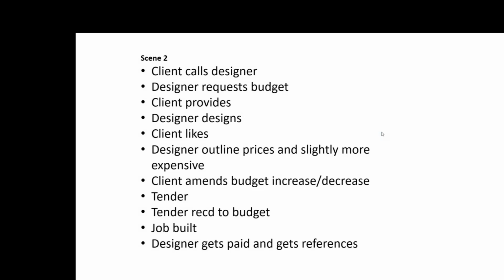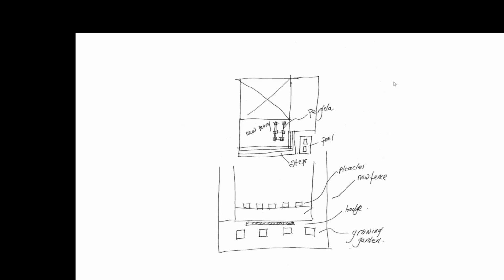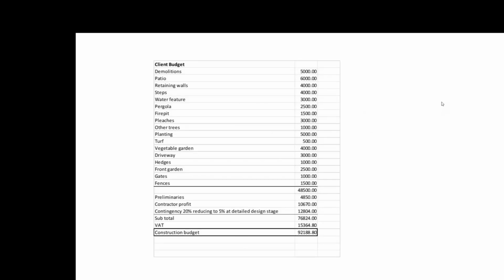The next one is scenario number 2, where the designer gets a budget and designs to the client's budget based on a little sketch which they produced at the first meeting on site in your little Hemingway notebooks, which you carry around. You threw some ideas at the client and they said, yes, we like that, we don't like that. And you developed that and got to a first initial presentation, and then you got to a budget thereafter.